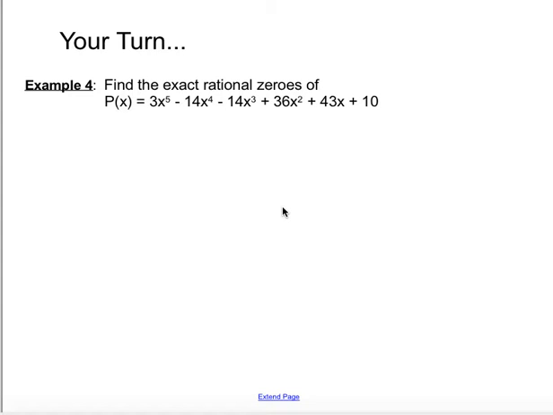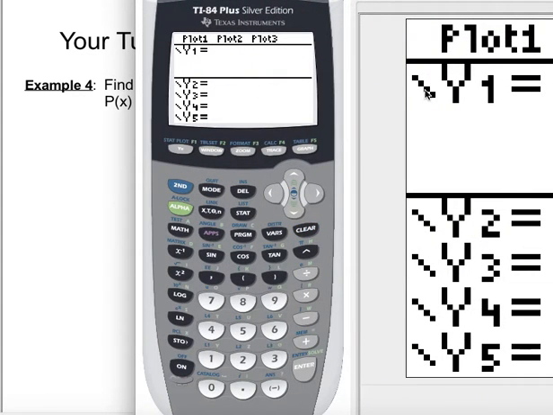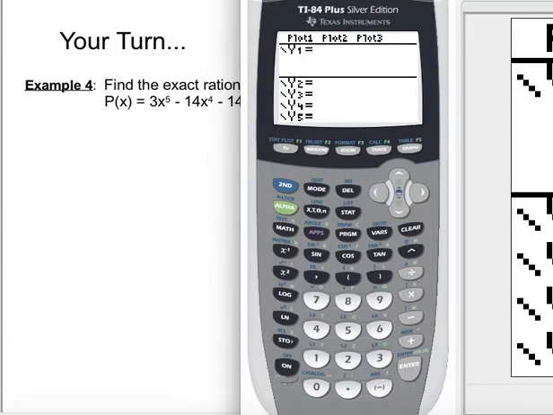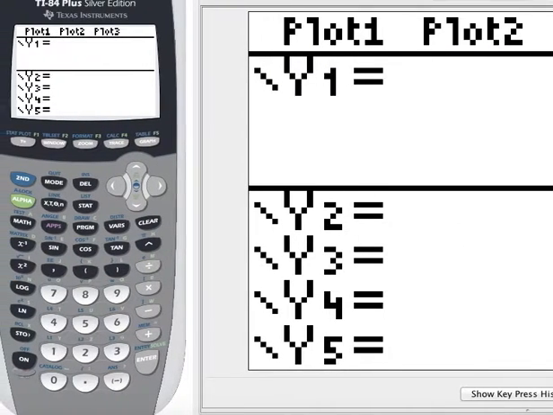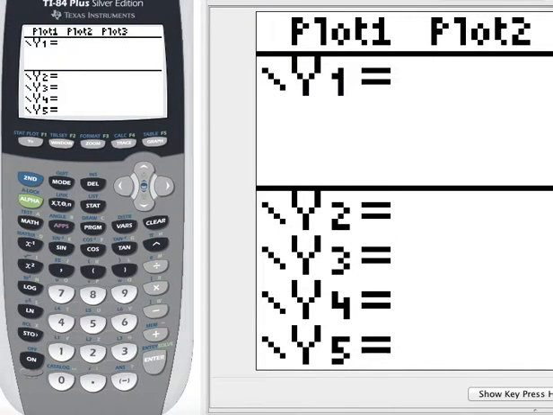Alright, I wanted to go through this U-turn down here. So I'm going to go ahead and plug this function in here.